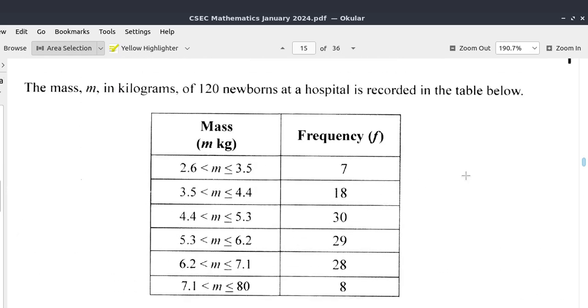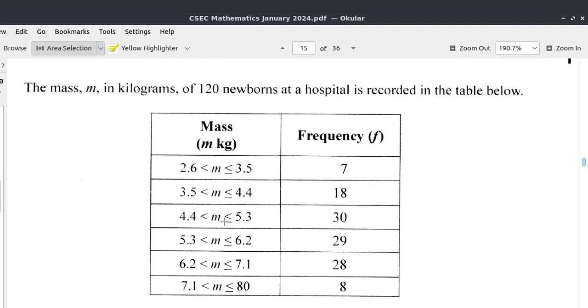Remember, the mode would be the item that is there more often than the others, the highest frequency.